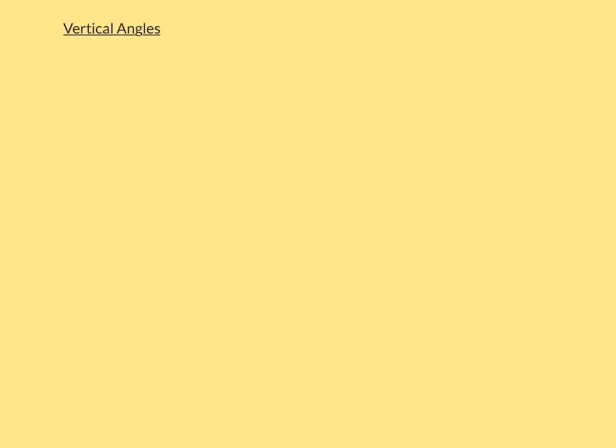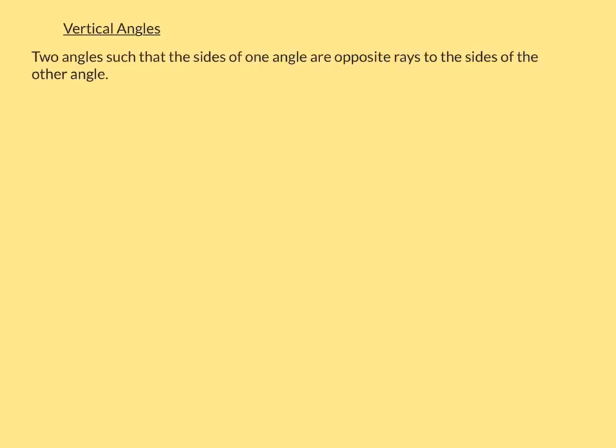We will now look at vertical angles. Do you remember what vertical angles are? Vertical angles, also known as vertically opposite angles, are two angles such that the sides of one angle are opposite rays to the sides of the other angle. So what does that look like? Let me just show you.